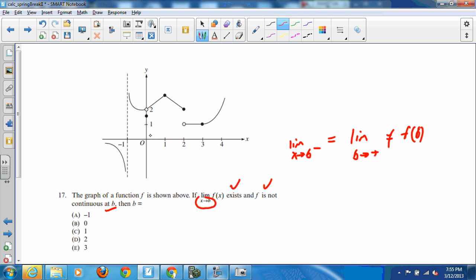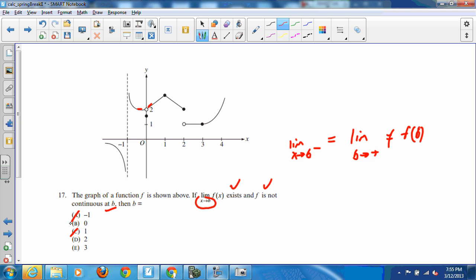So I guess we have to start looking at some of these points. Here, the limit exists, but the function value is circled in, so that's not 1, because we could just start eliminating them. At negative 1, the limit is negative infinity and positive infinity, so we can eliminate that one. At 0, the limit approaches 2 from the left and 2 from the right, but the function value is, say, 1.5.